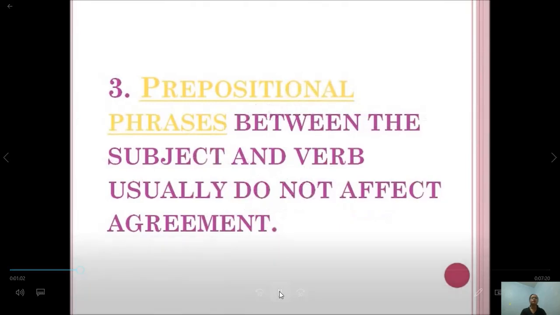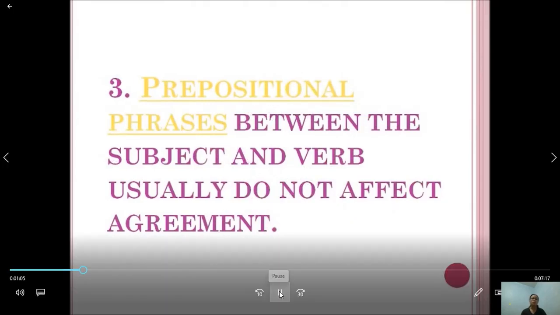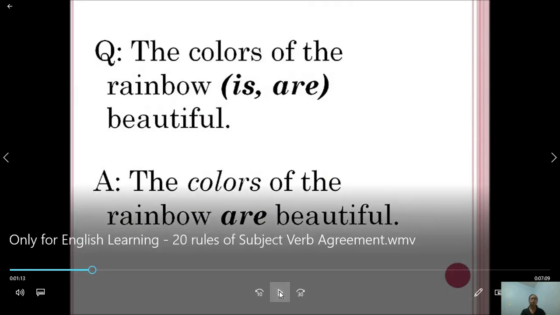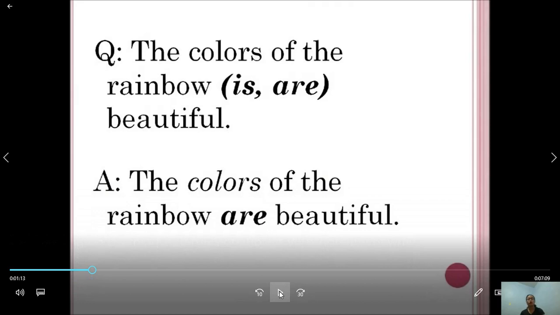So, prepositional phrases between the subject and verb usually do not affect agreement. Let us take a look at the example for rule number 3. The colors of the rainbow are beautiful. What is the subject in the given statement? The subject is the colors of the rainbow. When we say the colors, it is in the plural form.